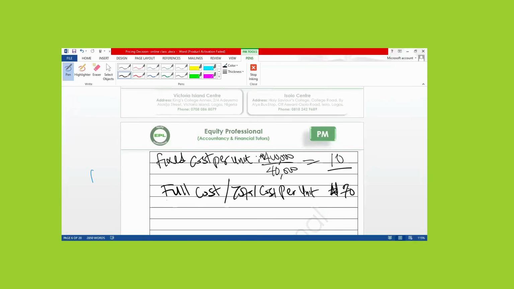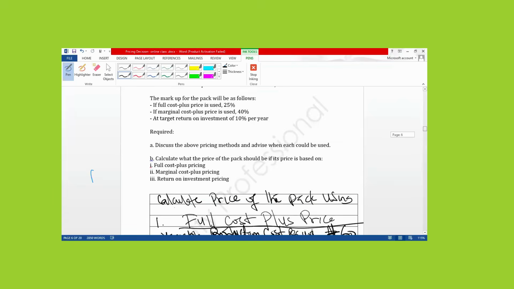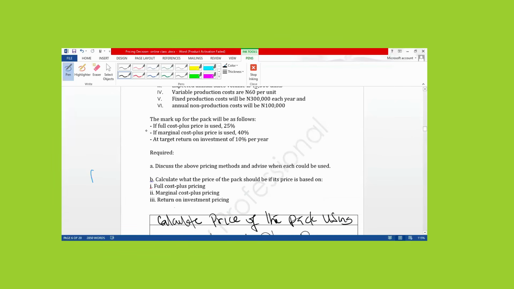In addition to the full cost, a certain percentage markup will be added. Now, markup. What is the markup? Look at it here.